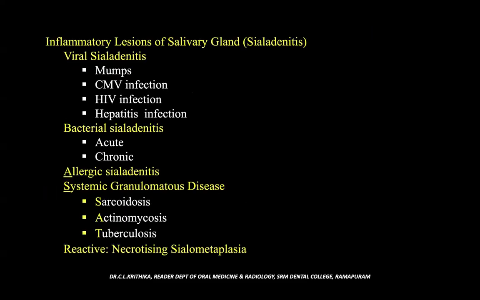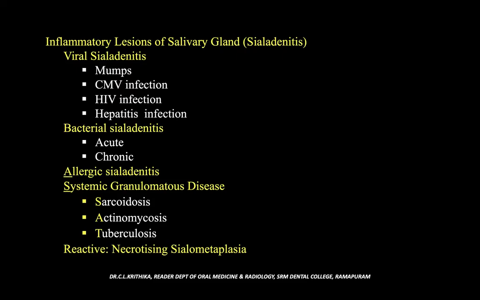Next is the inflammatory lesions of the salivary gland, which is mainly referred to as sialadenitis. First is the viral sialadenitis, which includes mumps caused by paramyxovirus, cytomegalovirus infection, HIV infection, and hepatitis infection.